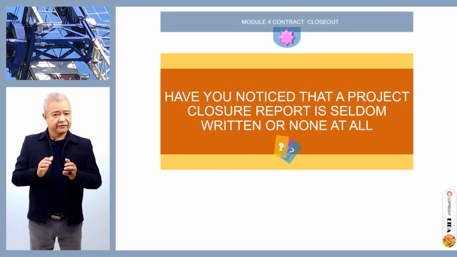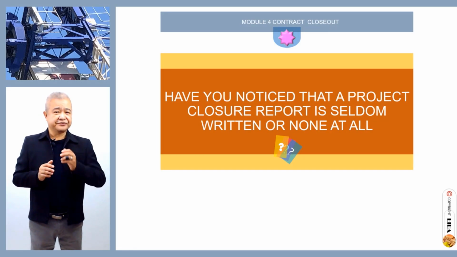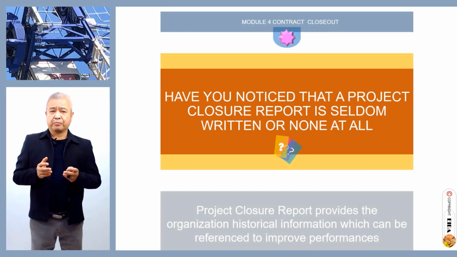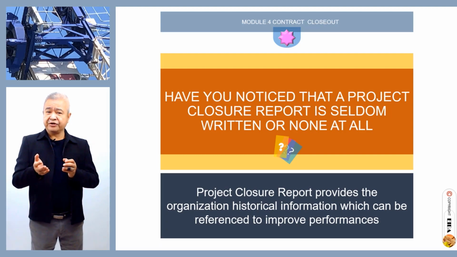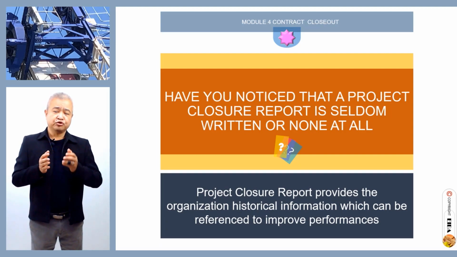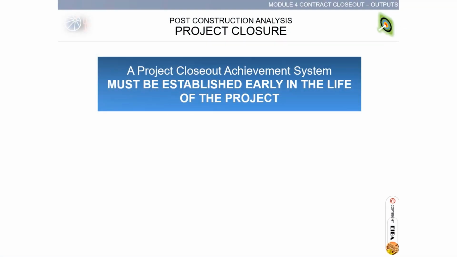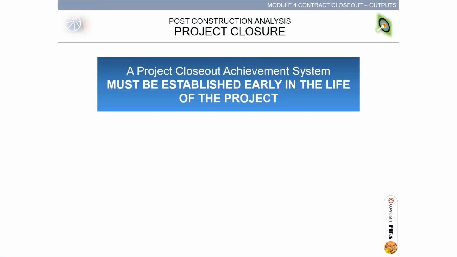Have you noticed that a project closure report is seldom written or none at all? Project closure report provides the organization historical information which can be referenced to improve performances. At project closure, a project closeout achievement system must be established early in the life of the project.